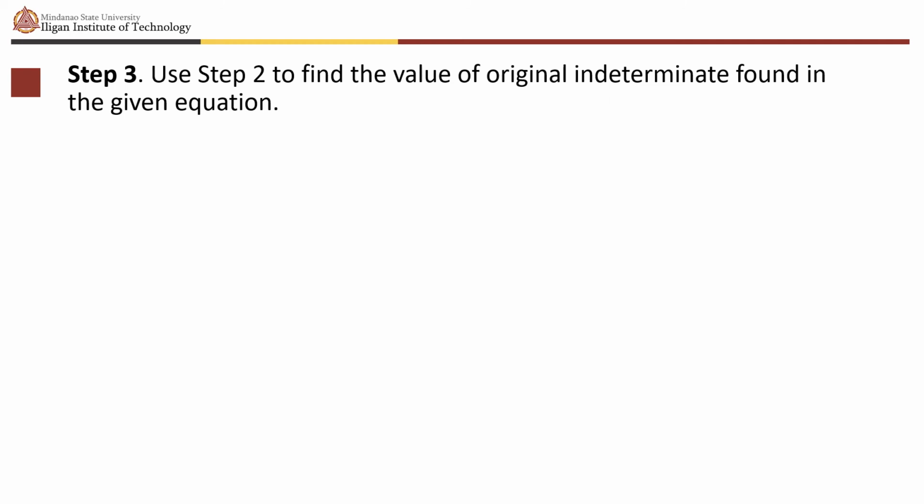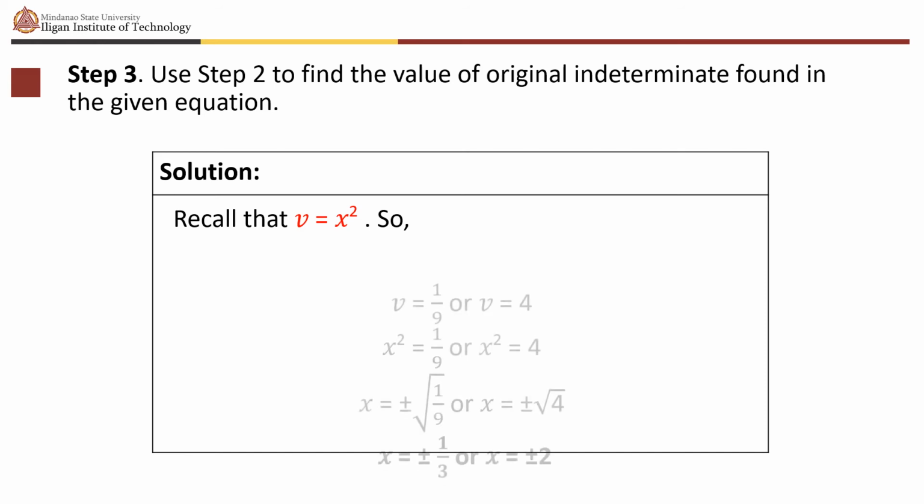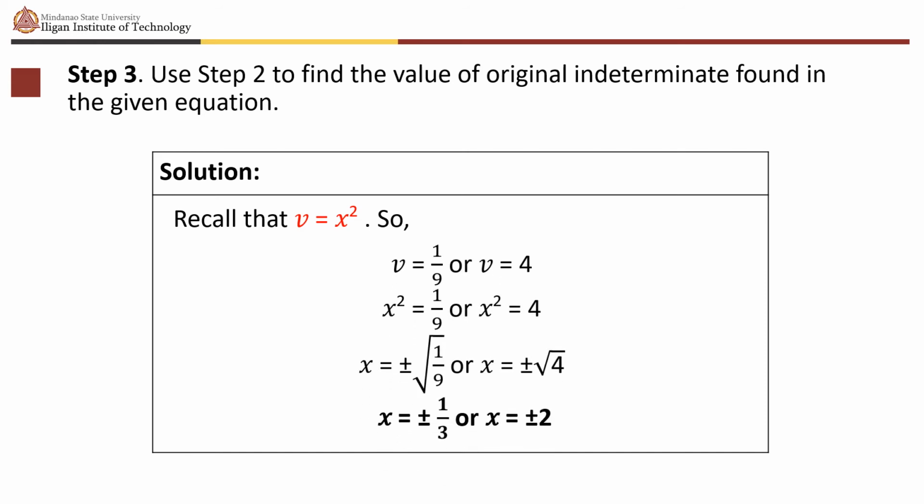Again, use step 4 to find the value of the original indeterminate found in the given equation. Recall that v is equal to x squared, so you can substitute v equals 1 over 9, or v equals 4.